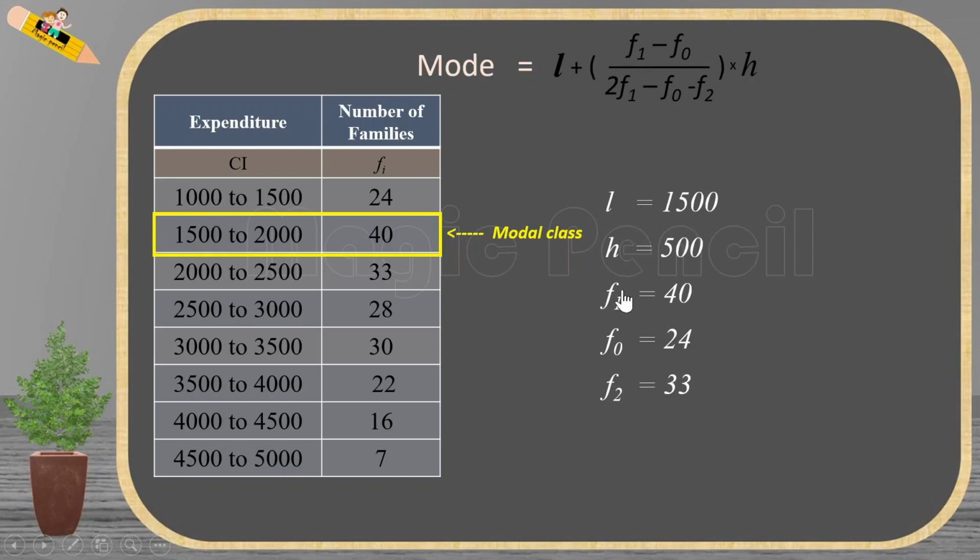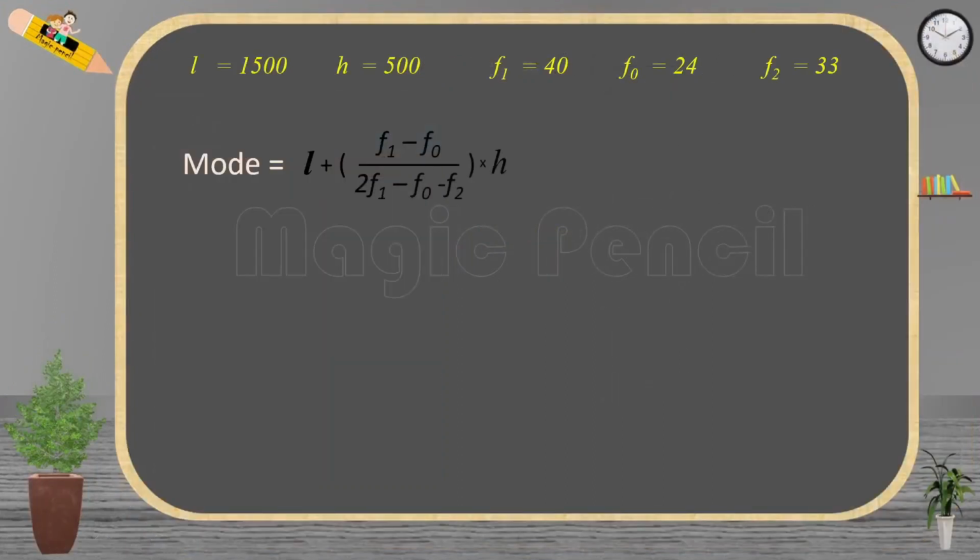Next, F1 is the frequency of the modal class, so that is 40. F0 is the frequency of the preceding class, so that is 24, and F2 is the frequency of the succeeding class, after the modal class you have 33, so 33 is the value of F2.